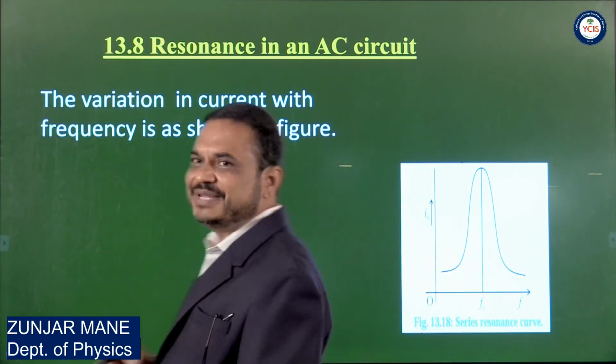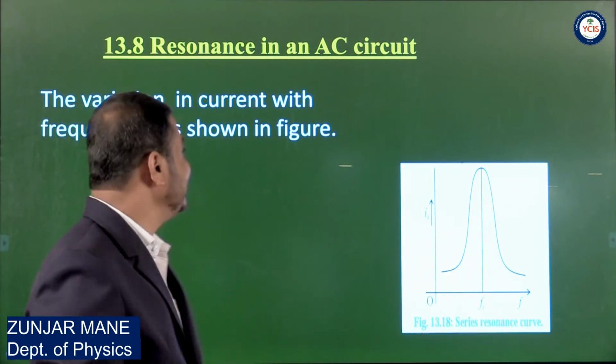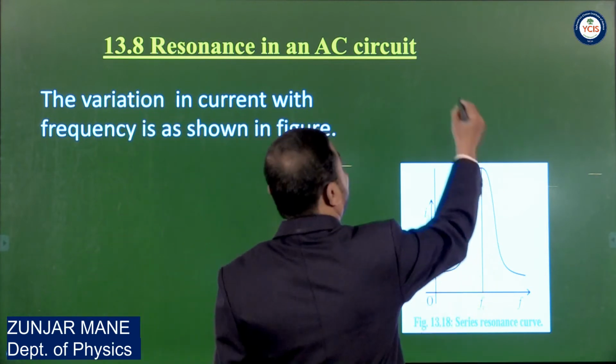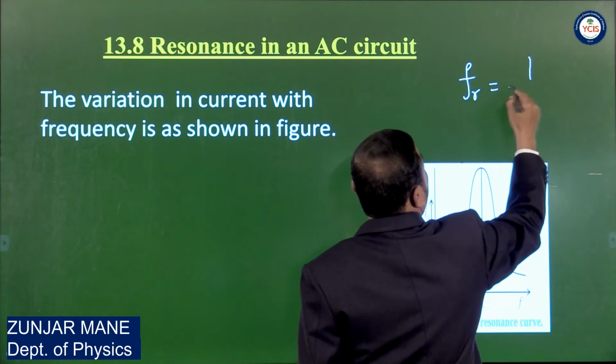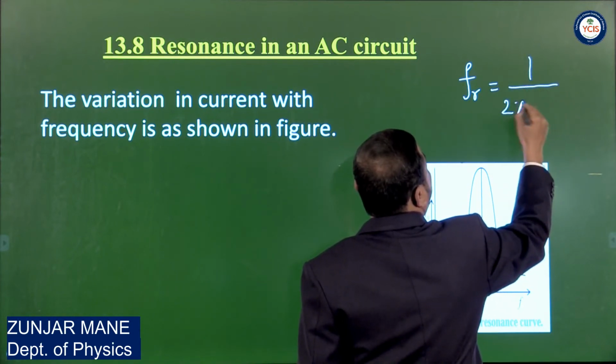So series resonance frequency is given by FR equals 1 upon 2 pi under root LC.